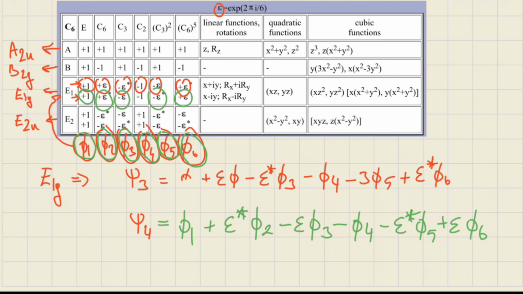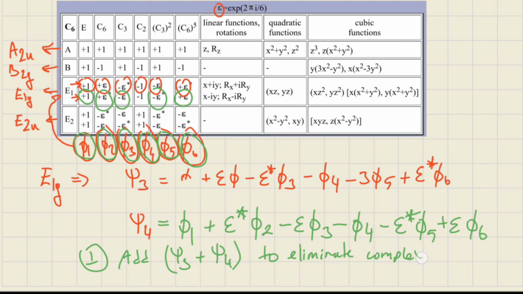So what I will do, firstly I will add them to eliminate complex numbers. And secondly, I will subtract them.